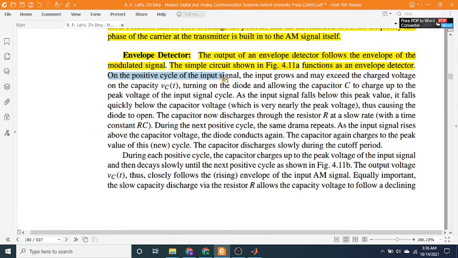On the positive cycle of the input signal, the input grows and may exceed the charged voltage on the capacitor vC(t), turning on the diode and allowing the capacitor C to charge up to the peak voltage of the input signal cycle.